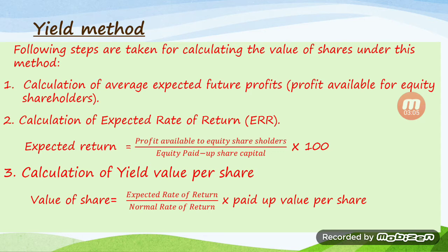So what we found in step 1 is to be divided by equity paid up share capital, which is given in the balance sheet, not the face value, and multiplied by 100 so as to find the return percentage. Calculation of yield value per share: the formula is ERR divided by NRR into paid up value per share.